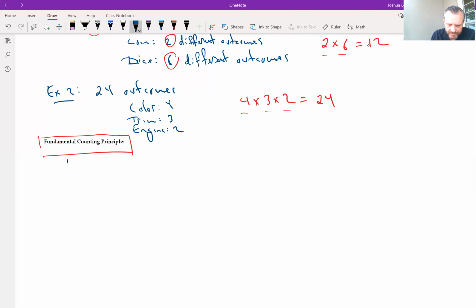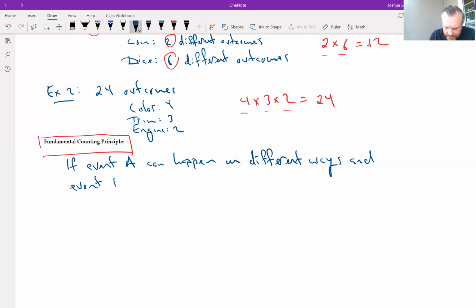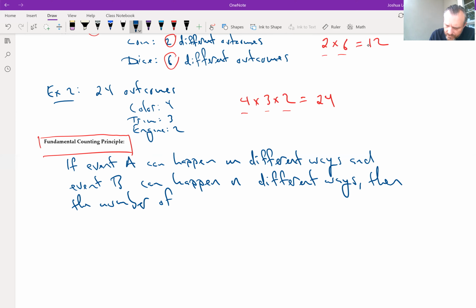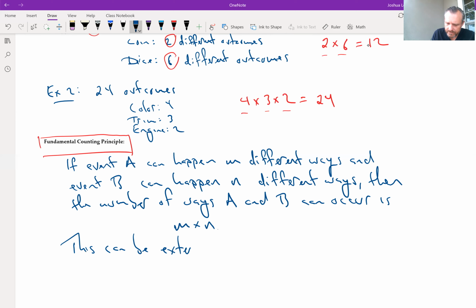Okay? It says if event A can happen M different ways, and event B can happen N different ways, then the number of ways A and B can occur is M times N. And this can be extended to any number of events.